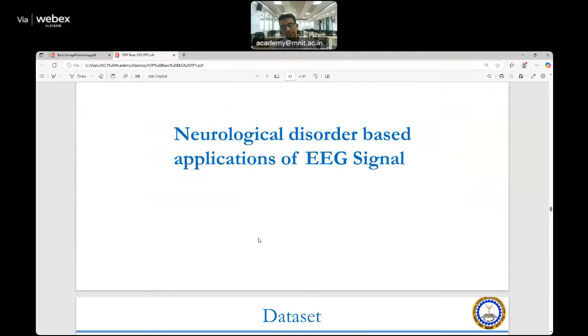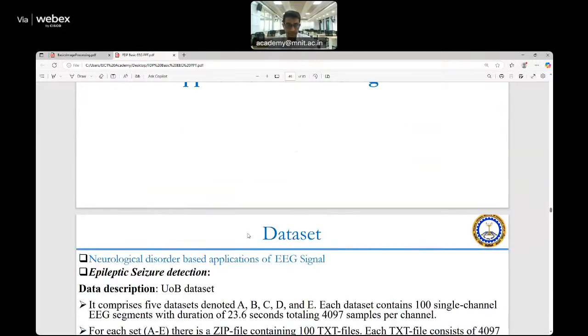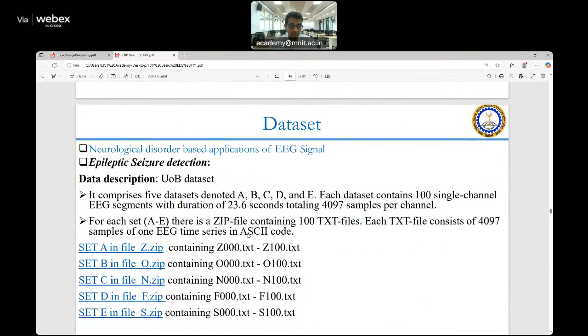Neurological disorder based applications of EEG signal. When we come to neurological disorders, the main type of disorder discussed in the literature is epileptic seizure detection. Here the data description is the University of Bonn data set.